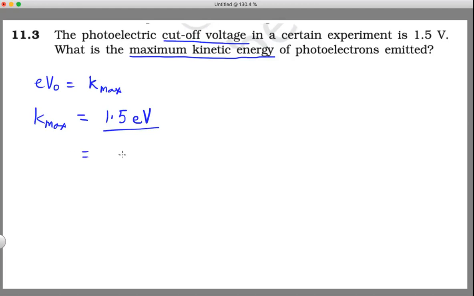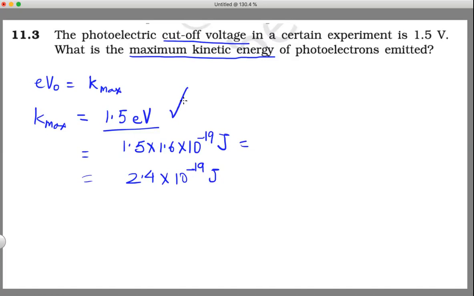But if we have to give the answer in SI units, then we have to multiply it by 1.6 into 10 to the power minus 19 joules. Okay, so even this is an okay answer until and unless the units are specified in the question.